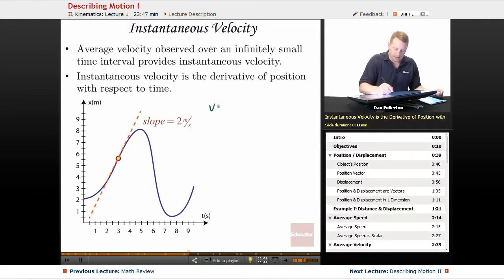So velocity as a function of time is the derivative of position with respect to time, or you could write that as x prime. If we wanted to know the instantaneous velocity here at 3 seconds, we'd find the tangent to the curve, the slope, right at that point in time. If it's 2 meters per second, that's the instantaneous velocity at that point in time.